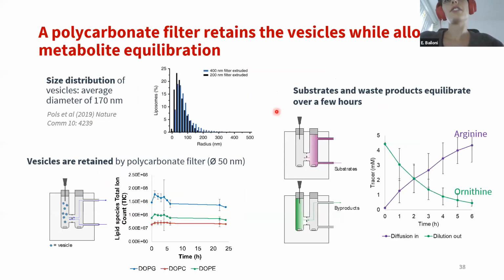And for that, the first very important control that we had to take was to ensure that the vesicles would be retained by the system. And the reason why I point this out is that we work with large unilamellar vesicles that have an average diameter of 170 nanometers. So we prepared them by extruding them through 400 nanometers.